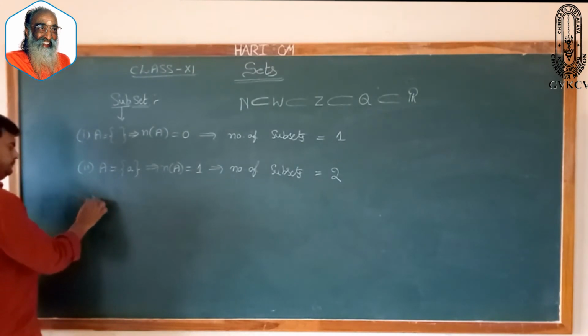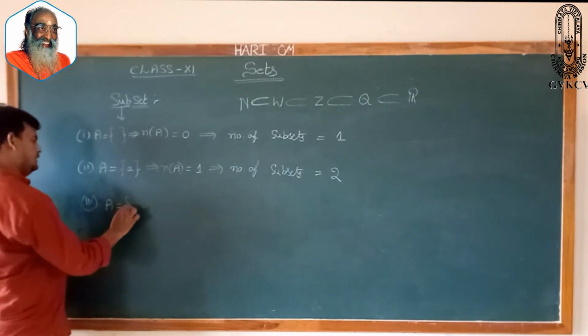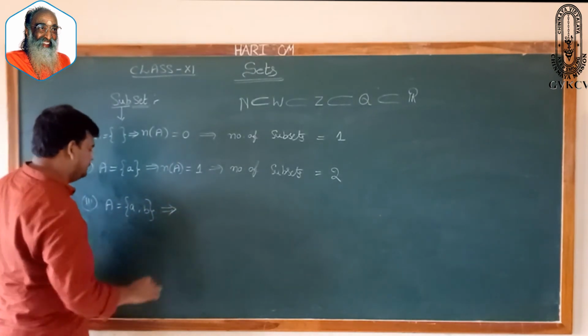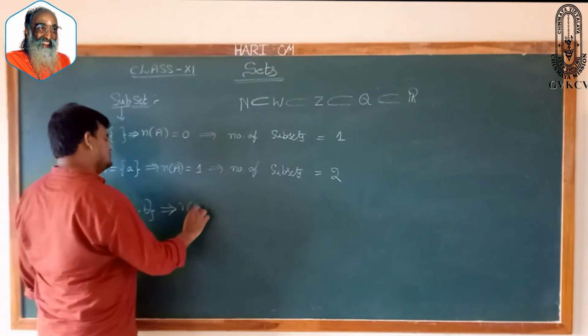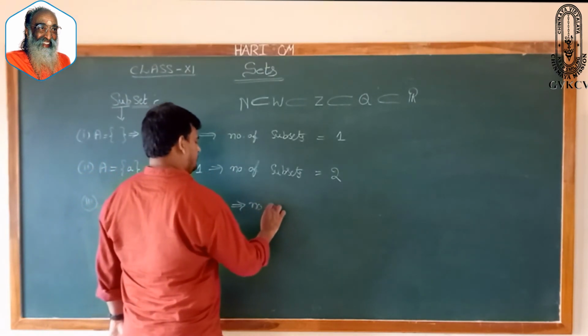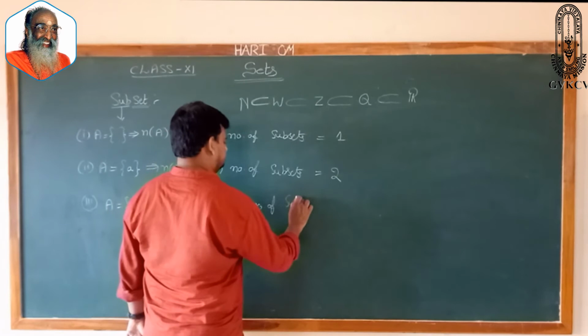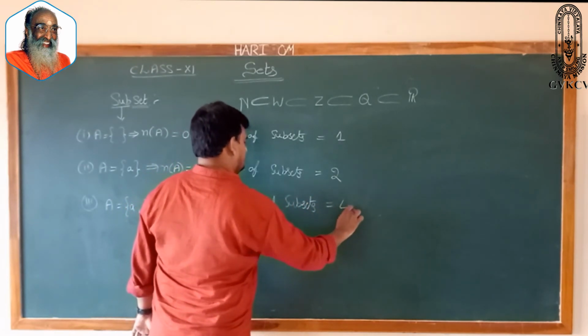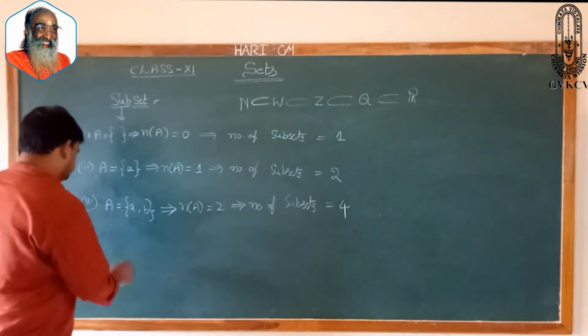Now the third one: if the set A has 2 elements, A comma B, so the number of elements in set A is 2, and the number of subsets is equal to 4.